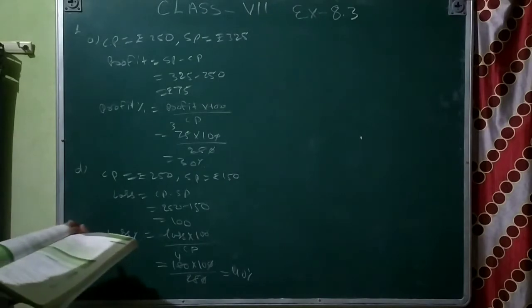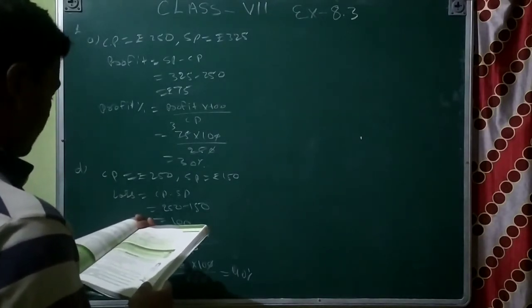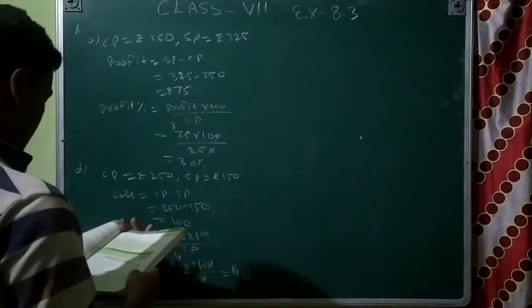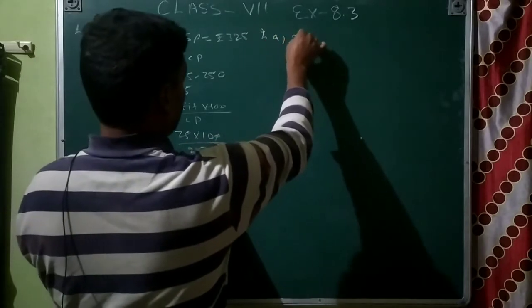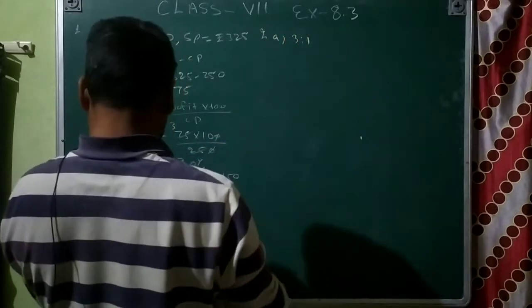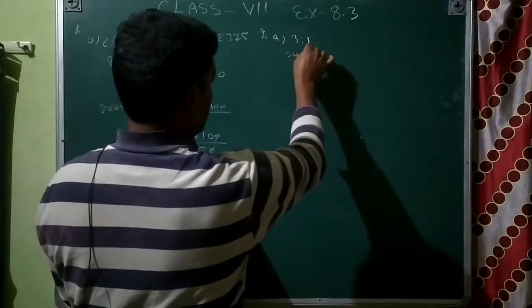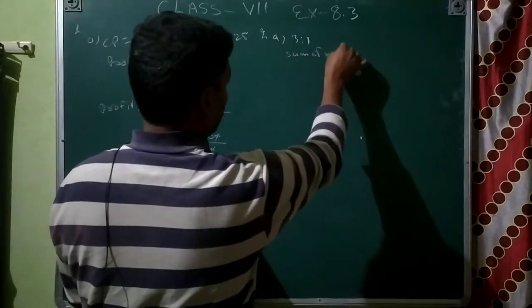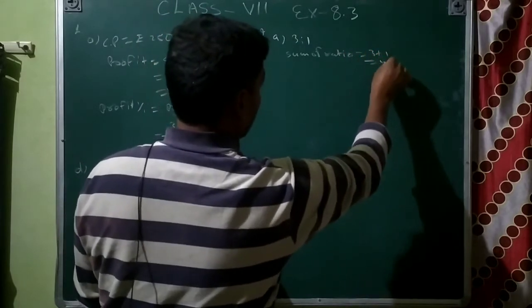And then question number 2, convert each part of the ratio to percentage. So part A is 3:1. The sum of the ratio is equal to 3 plus 1 is equal to 4.